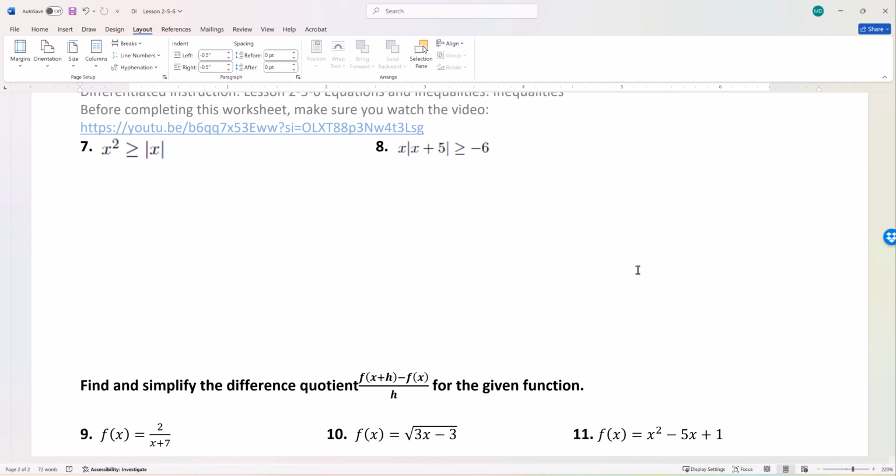For a problem like this, you can't distribute the x squared or the x. So remember, we want to get rid of the absolute value, so this is x times plus or minus x plus 5, which is greater than or equal to negative 6. So this x goes with the positive version.